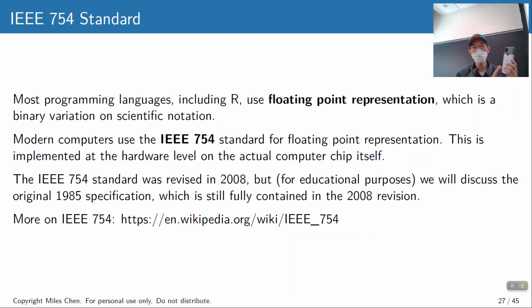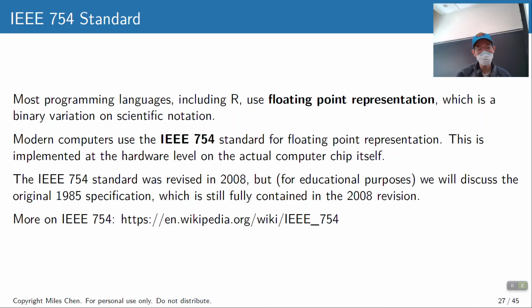This is done at a hardware level. So whether you're dealing with the chips on your phone, your Intel chips, or Apple silicon chips, this is implemented at a hardware level. So whether you're using Python or R or C++, because it's standardized across the entire industry, they're all going to handle these numbers identically.